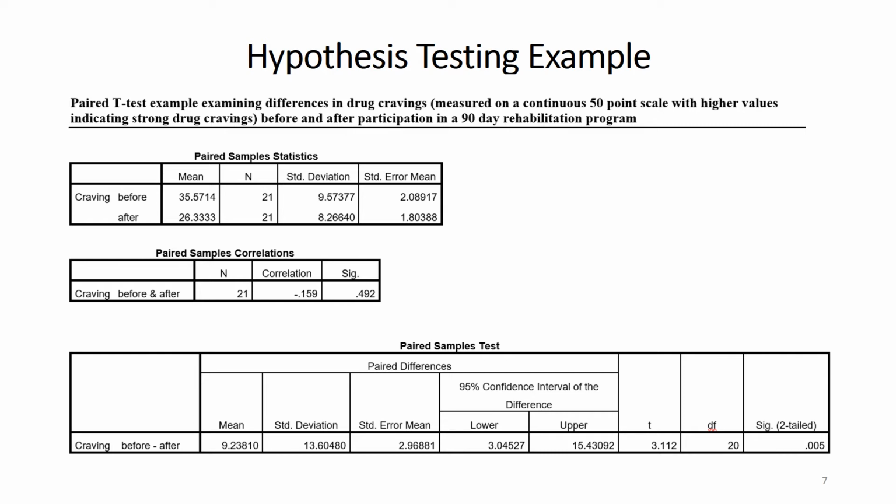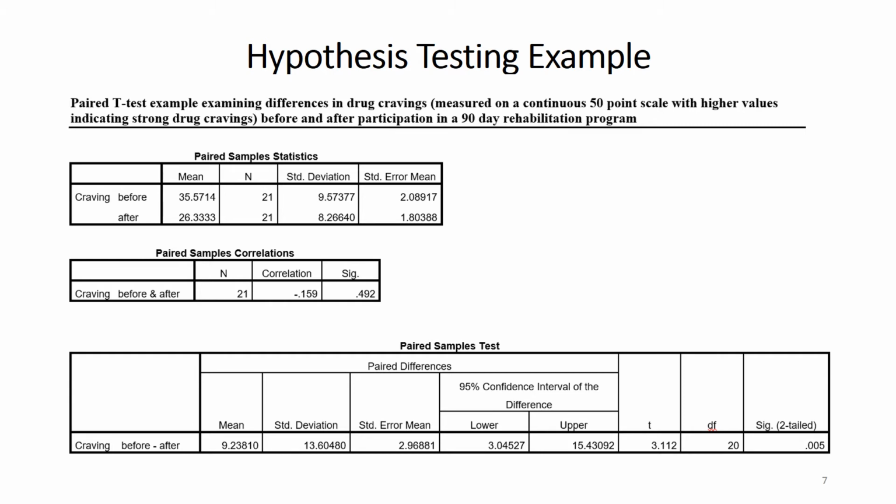So in this case, thinking back to the examples that we started with, this would be one of those pre-test, post-test, repeated measures applications of the paired t-test. The independent variable is participation in this rehabilitation program. But in order for us to see whether or not participation in the program has a significant influence on your drug cravings, we need to have a baseline or a pre-test measurement of your drug cravings.